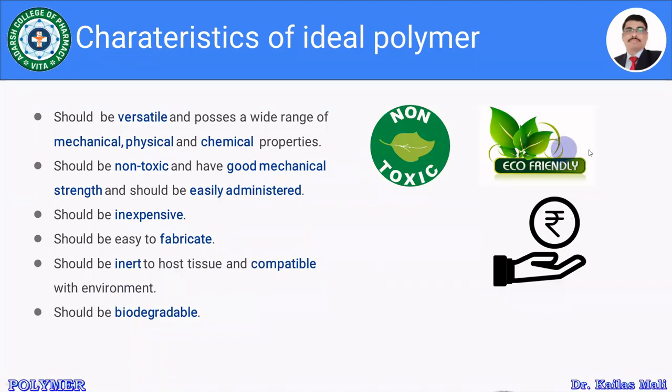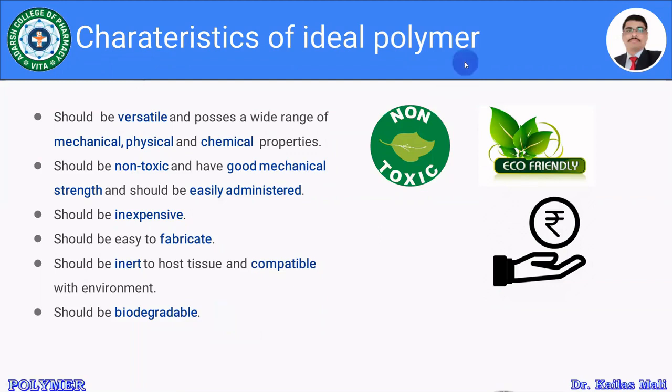That is, it should be eco-friendly, isn't it? Green. Polymer should be green. It should be biodegradable. The biodegradability of the polymer is a very, very important thing when we are using it for the development of controlled drug delivery systems.